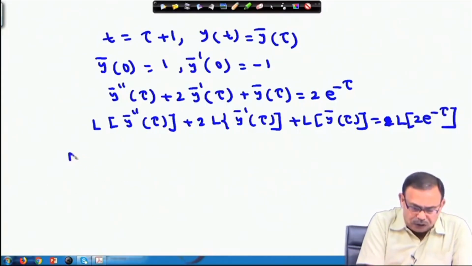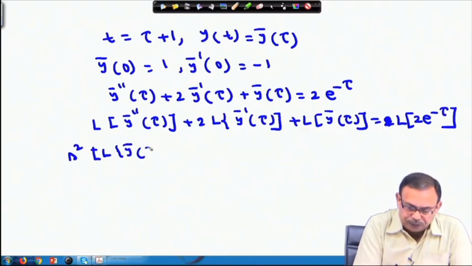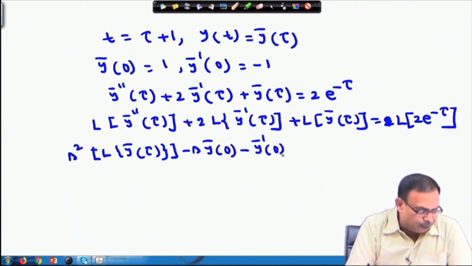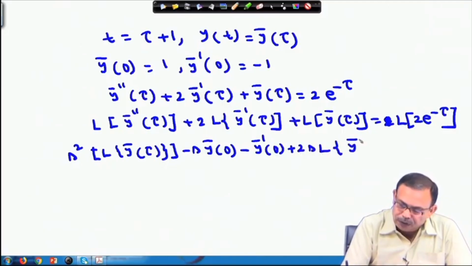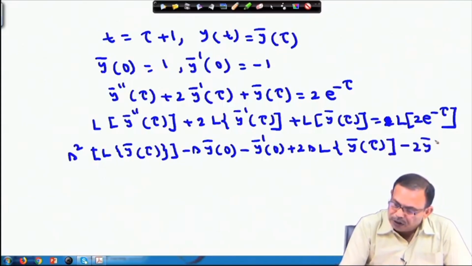The Laplace transform of y bar double dash equals s square into the Laplace transform of y bar tau, minus s y bar 0, minus y bar dash 0, plus twice s Laplace transform of y bar tau minus 2 y bar 0.